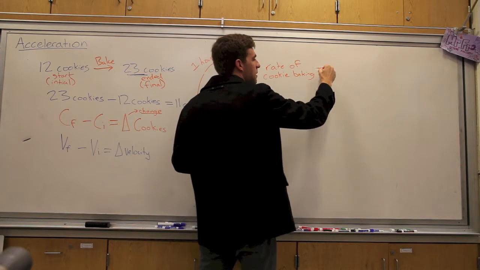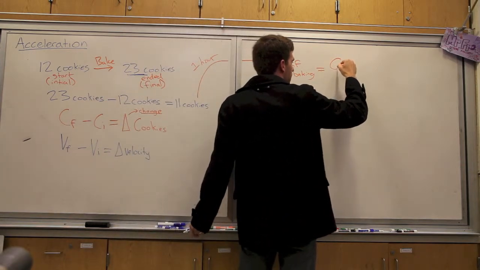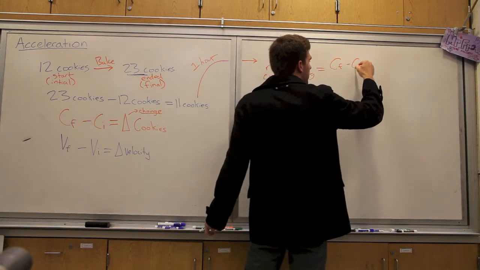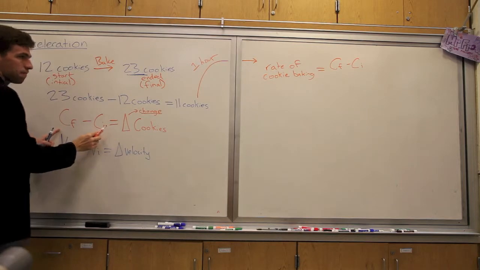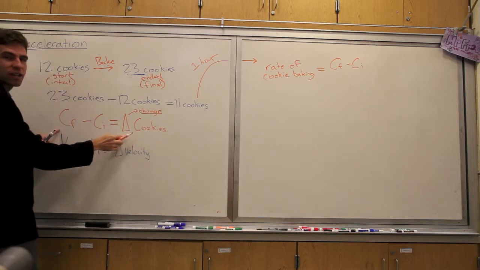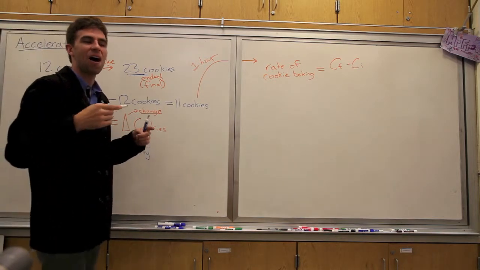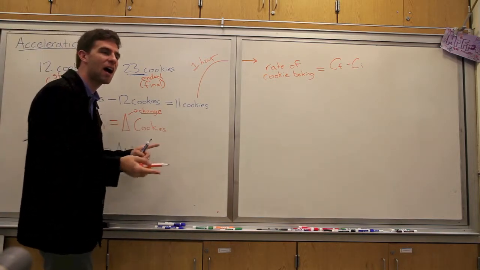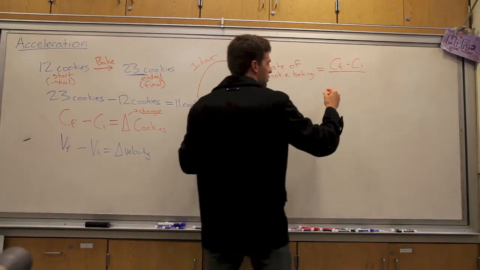It's going to be cookies final minus cookies initial, which, remember, is just the change in cookies. We're going to take our change in cookies and divide by how much time it took us to bake those cookies, 1 hour, to show a rate of change.